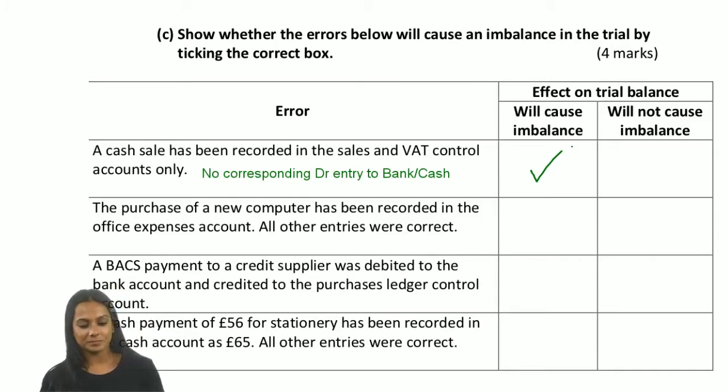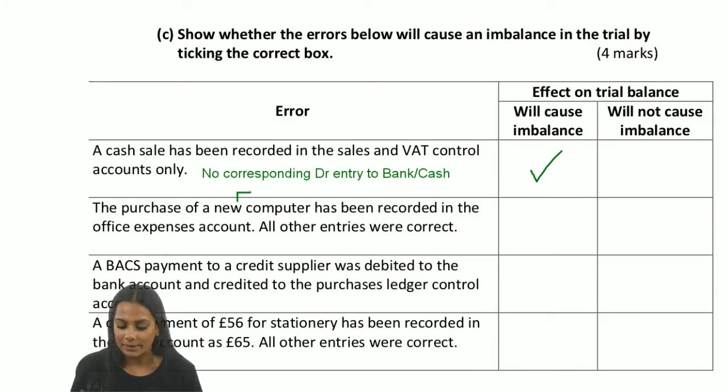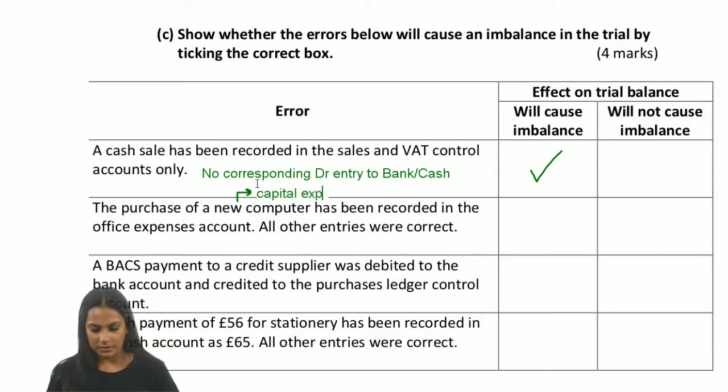Okay. Number 2, the purchase of a new computer has been recorded in the office expenses account. All other entries were correct. Well, the purchase of a computer will be classed as a capital expense. Okay, this is a capital expense.